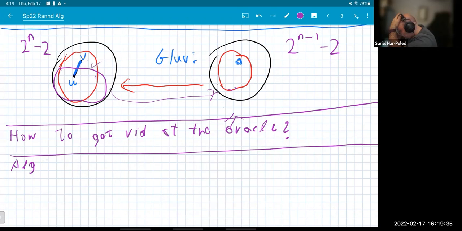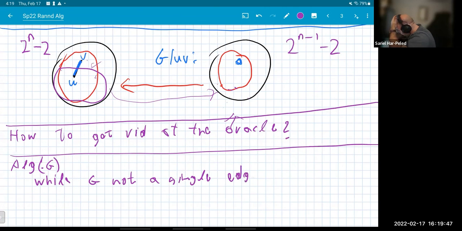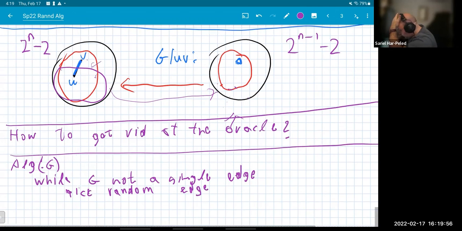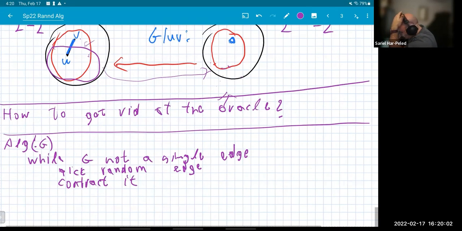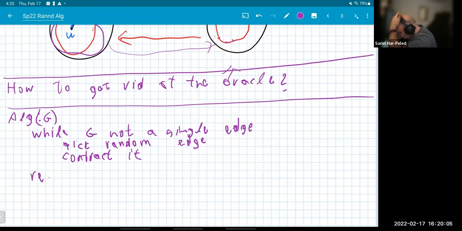Algorithm: it gets G, while G is not a single edge, pick random edge, contract it, and return the cut defined by the edge, right?